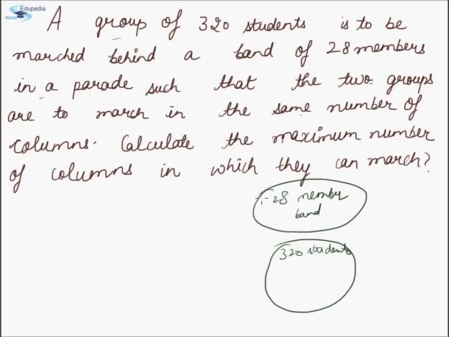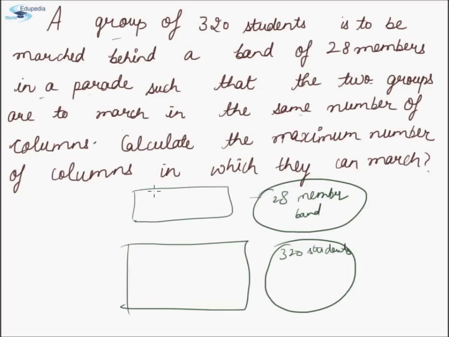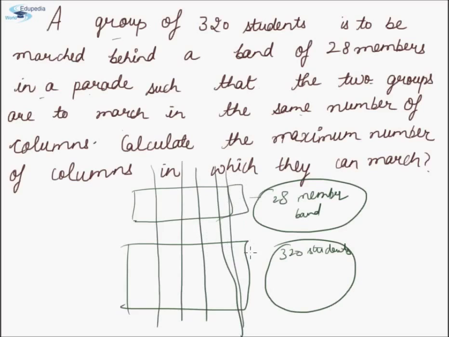We need to divide these 28 members as well as the 320 students in such a way that both the groups have the same number of columns. Calculate the maximum number of columns in which they can march. We need to calculate the highest value of columns we can arrange these groups into.